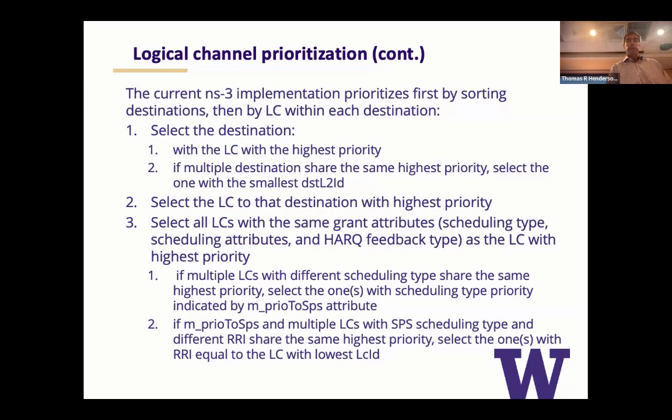And then the final step here is, this is kind of obscured, if I can move this. In the end, if everything is about the same, the last tiebreaker is the lowest logical channel ID, if every other factor is the same.